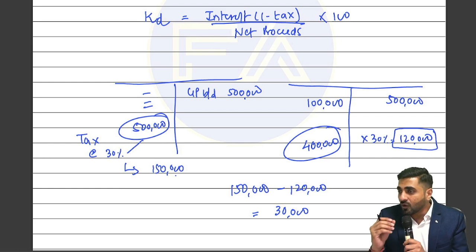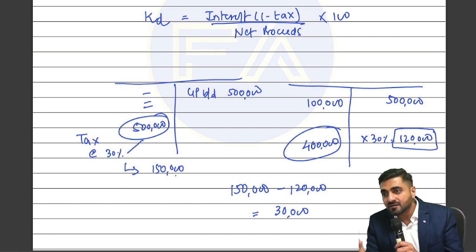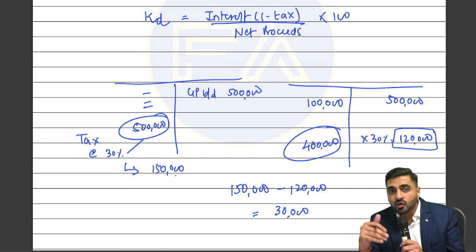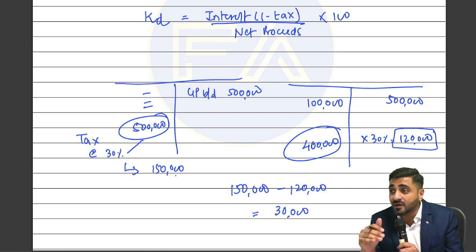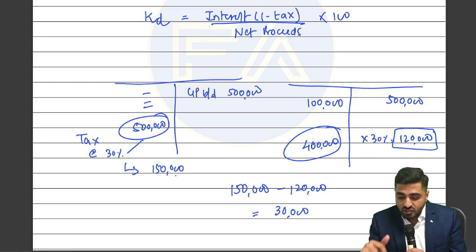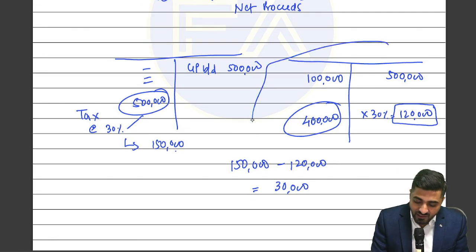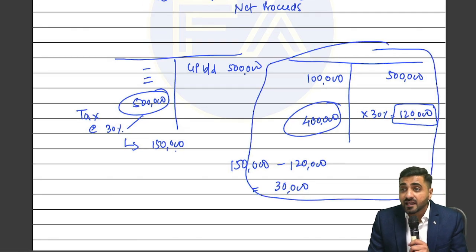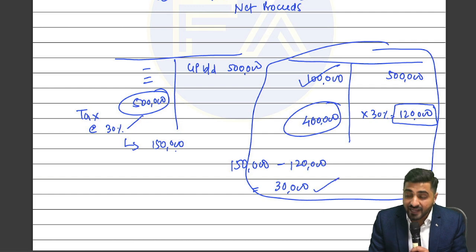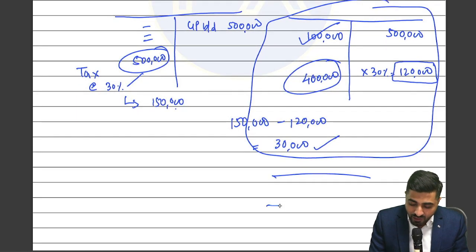So when I give 1 lakh rupees by way of cost, don't you think I am giving it in a way that has tax savings? Yes, sir. So what is the net effective cost? 1 lakh rupees is the interest cost which I am paying and 30,000 tax I am saving. So in that particular case, my net cost is how much, beta? 70,000.